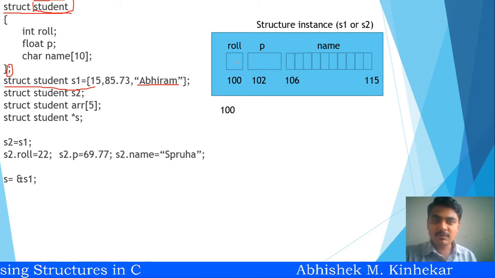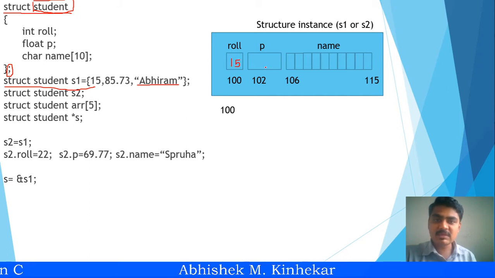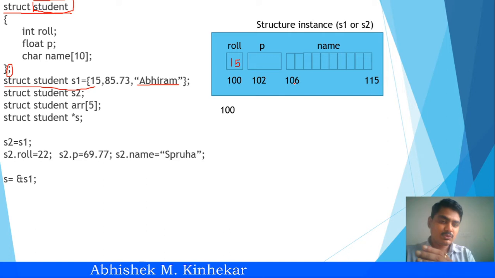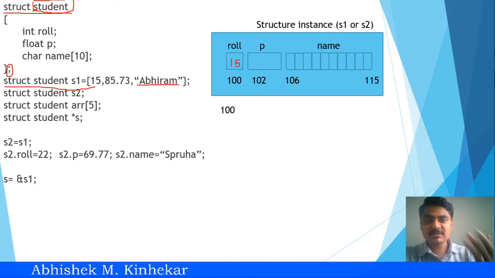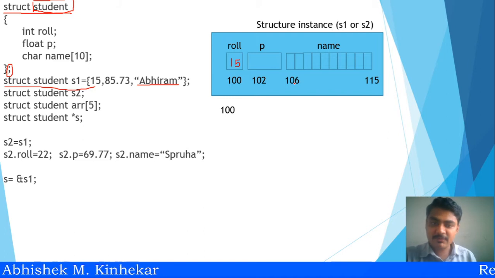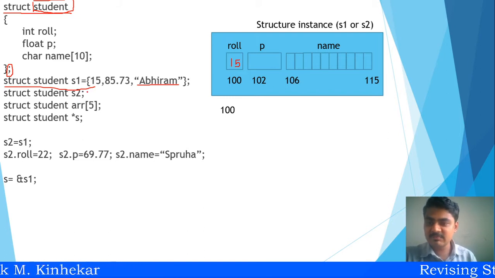Correct? So what will roll contain? Roll will contain 15. What will this contain? This will contain 85.73, and what will this contain? This will contain the name Abhiram. Correct? So likewise a structure gets its memory and the structure is initialized. Apart from that, a structure instance can be created by this method also.